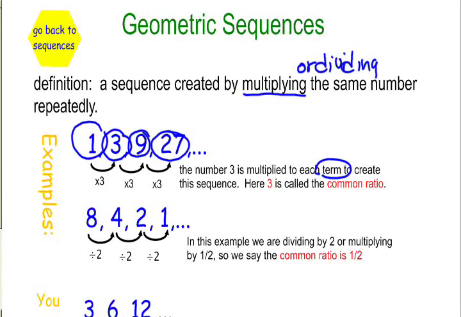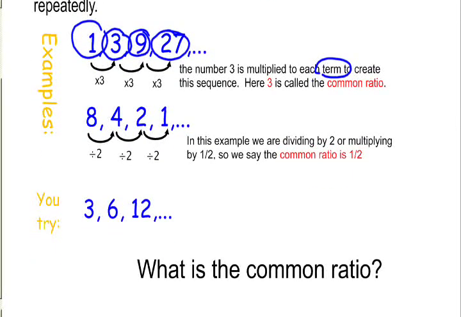Right, one more example, and it's there on your notes page for you to figure out. If we have 3 and go up to 6, 6 up to 12, and I've given you a number line, so let's see. 3 to 6, we're adding 3. 6 to 12, we're not adding 3, we're adding 6. What's the rule in this sequence?